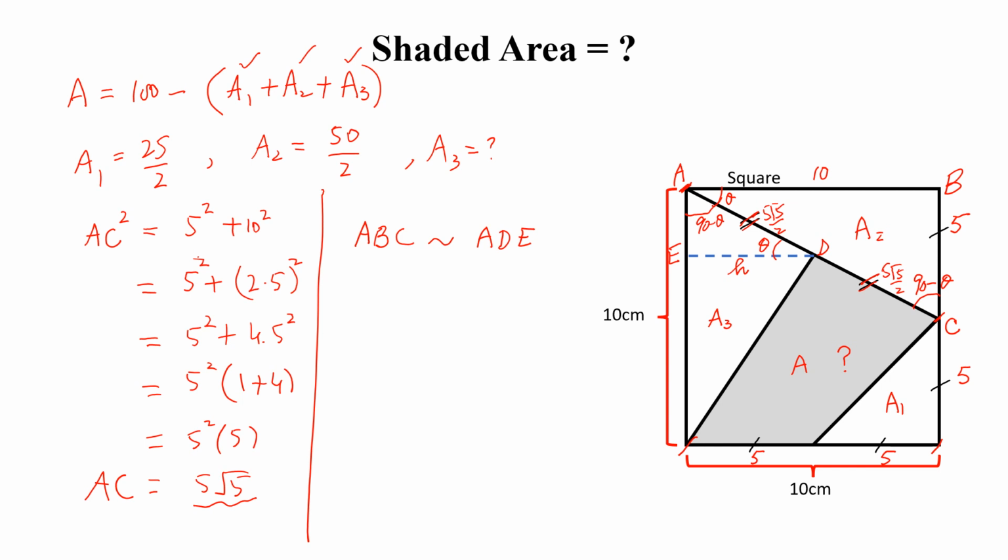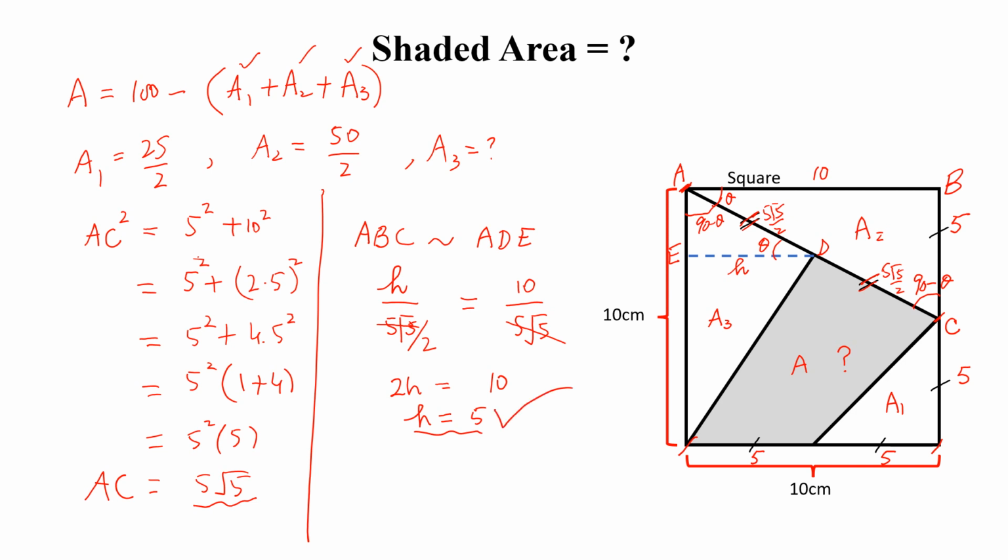So if they are similar, then we can write h divided by 5 square root of 5 divided by 2 equal to 10 divided by 5 square root of 5, and 5 square root of 5 will be cancelled with this, and 2h equal to 10. So from here we get h equal to 5.